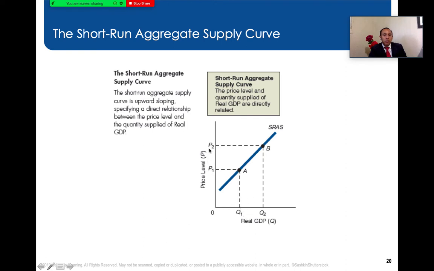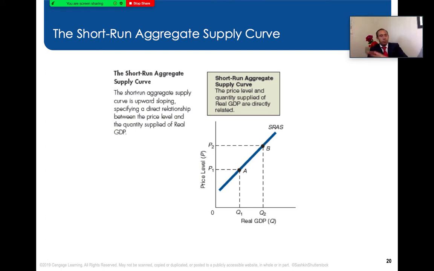With an increase in the price level, at point B, real GDP increases from Q1 to Q2. We have a movement from A to B, so the aggregate supply curve here is upward sloping. The supply curve and the price level are directly related. The real GDP in terms of quantity supplied is directly related to the price level.